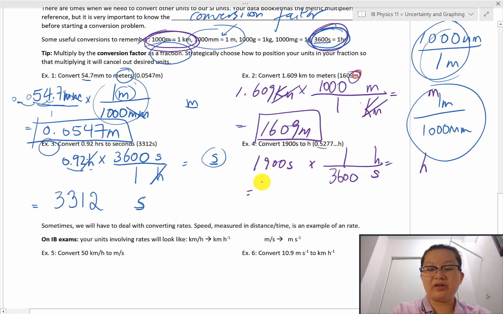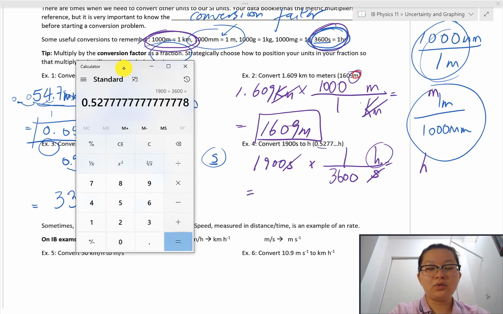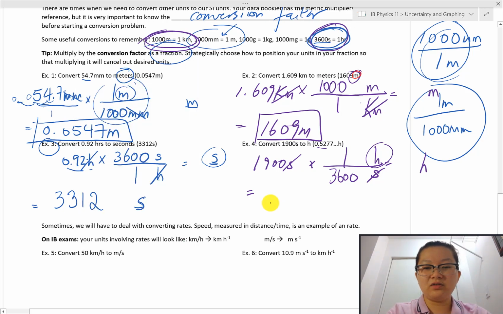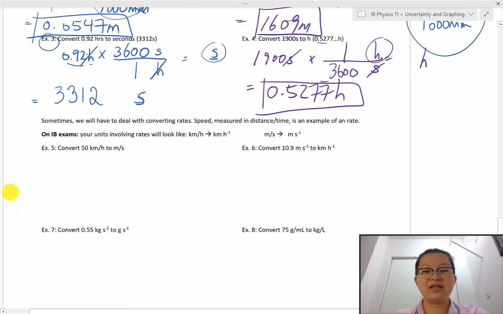So we do a little bit of division here because here seconds cancel out, we're left with hours, and multiplied by 1 over 3,600 is the same thing as dividing by 3,600. So we quickly do this one. We get 0.52777 repeated in hours. I don't expect you to know significant figures right now. There we go. Okay, so that is the basics of converting from one unit to the other.